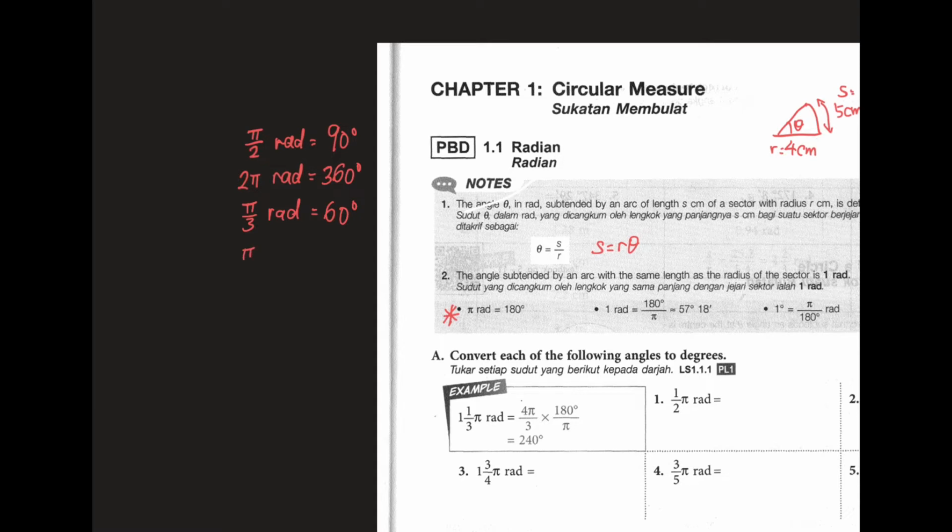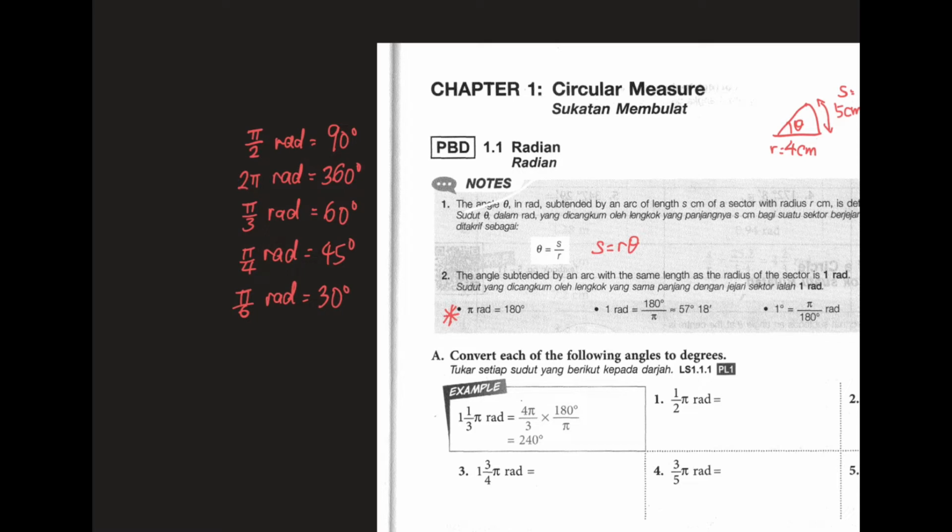Pi over 4 radian is how many degree? Pi over 4 is 45 degrees. Yes, correct. 45 degree. And pi over 6 radian? 30 degrees. 30 degree. Yes, correct.